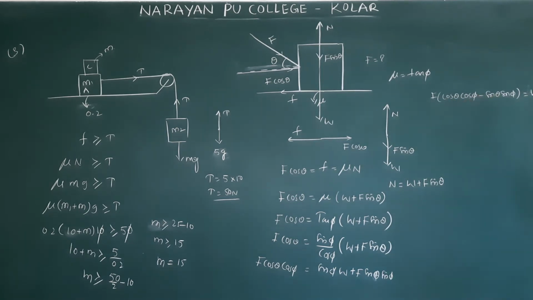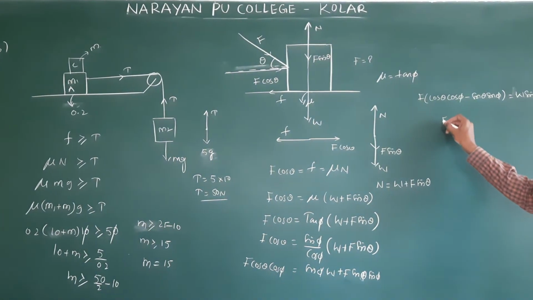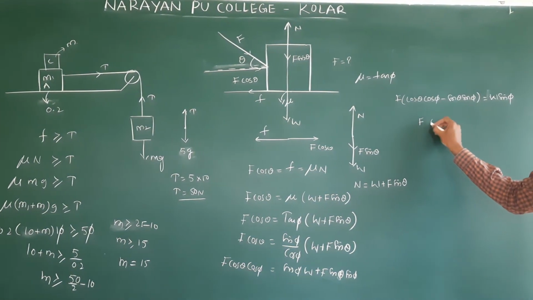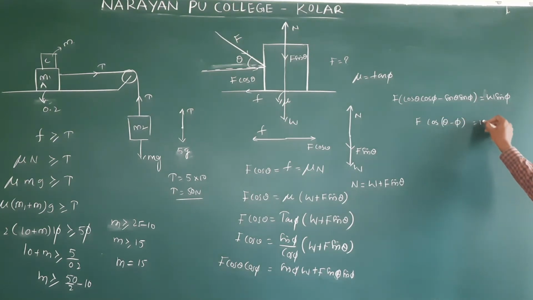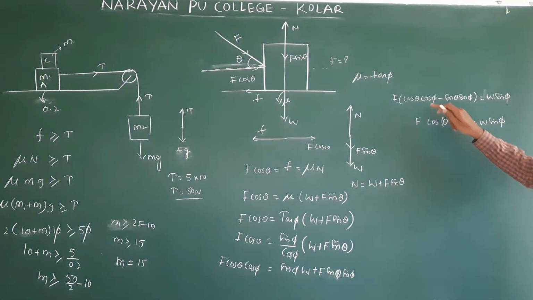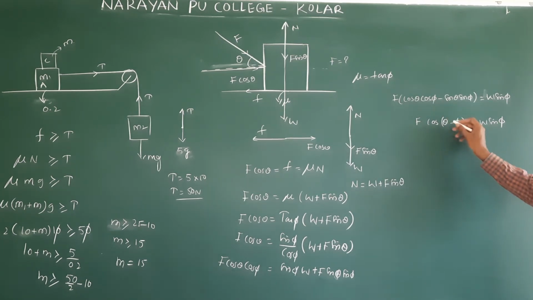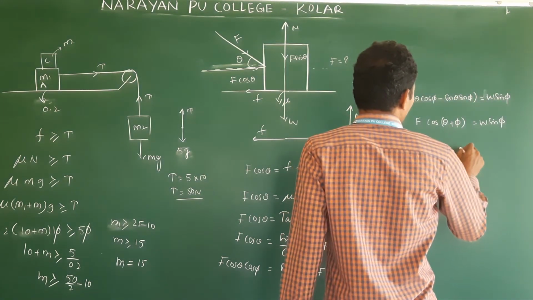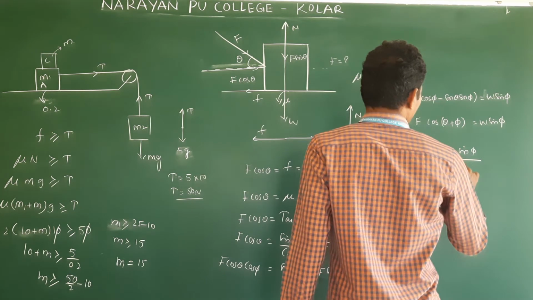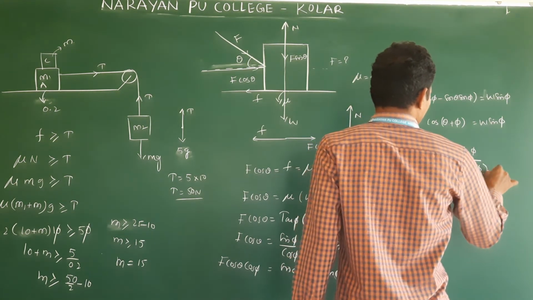What is this formula? cos A cos B minus sin A sin B. What is this formula? cos(A plus B), cos(theta plus phi), equals W sin phi. Sorry, this is plus. Okay. Now F is equal to W sin phi by cos(theta plus phi).